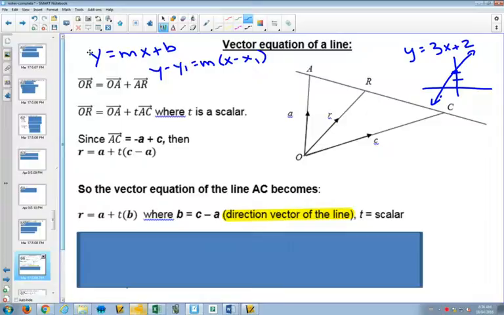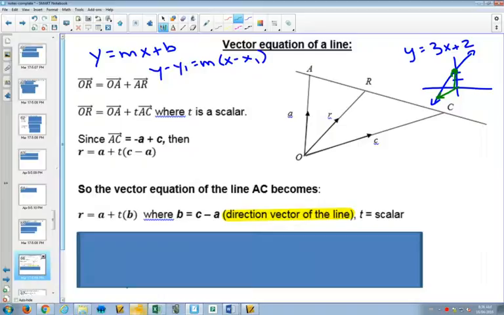In other words, instead of saying the point (0, 2), we're going to call that the vector that looks like this. And this point here is going to be this position vector. So every single point that's on our line, we're going to have a position vector for that point.